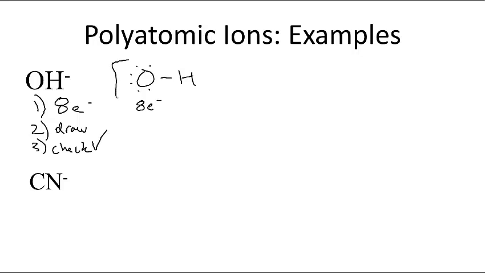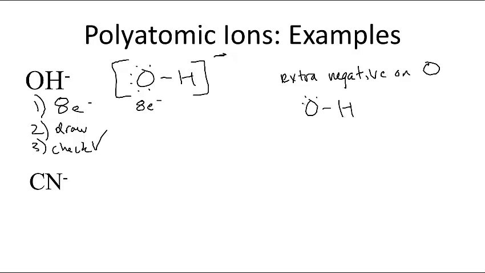You will see this drawn with brackets around it and a negative sign on the outside. And you can see where that negative charge is, though, if you use the formal charge. So what you actually get is this.